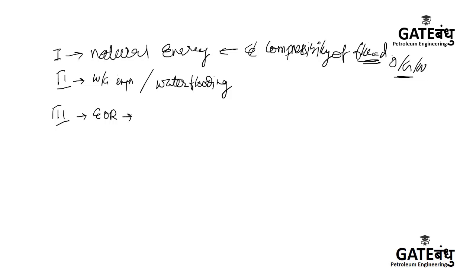Here what we do, whether natural energy is available or we keep on injecting water, apart from it we inject something which changes the rock and fluid property. What EOR actually is, is changing the rock and fluid property.